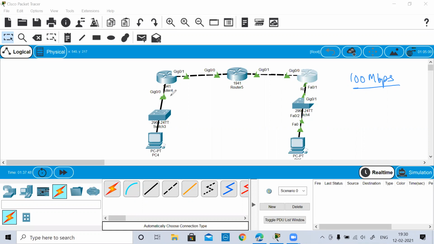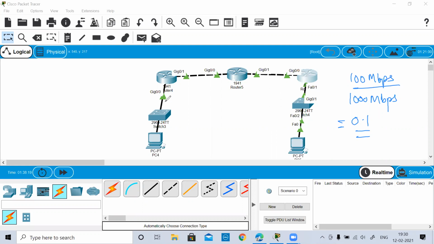If I consider this as a gigabit, 1 Gbps is 1000 Mbps, right? Likewise, it stands to be 0.1, but then I guess I have made some mistake here.